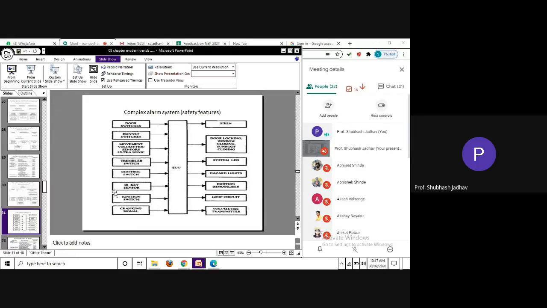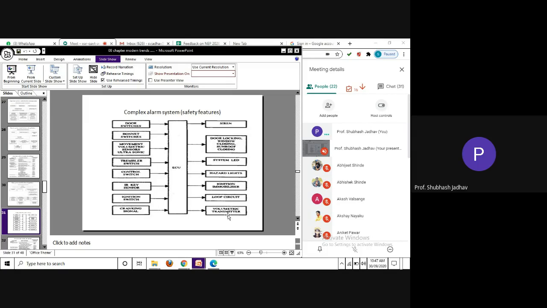So alarm system, a complex alarm system. What are the different conditions for which you need different alarms? See, door locking, we have system LED, hazard lights, ignition related warnings.